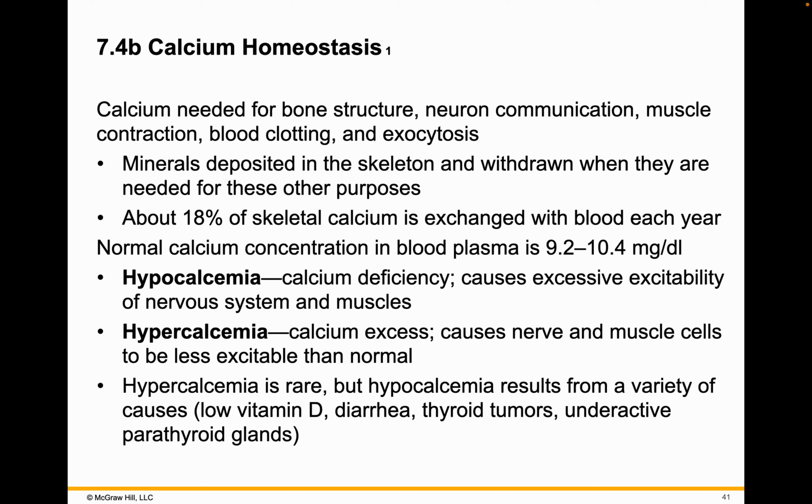Normal calcium concentration in the blood is 9.2 to 10.4 milligrams per deciliter. Hypocalcemia is a calcium deficiency. Hypercalcemia is a calcium excess in the blood. Hypercalcemia is rare, but hypocalcemia can result from a variety of causes.